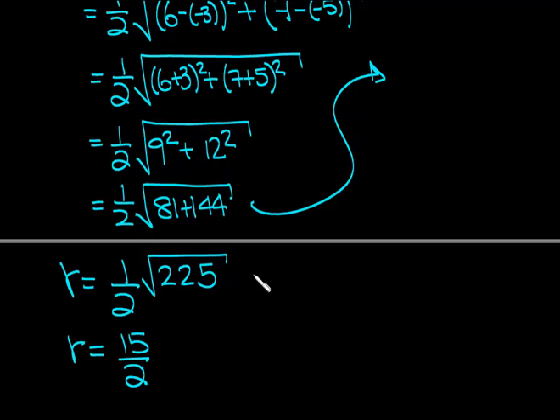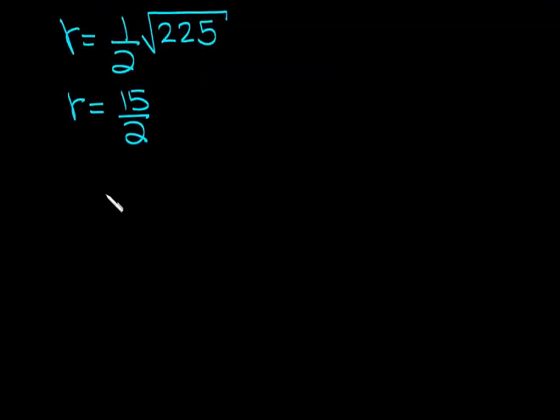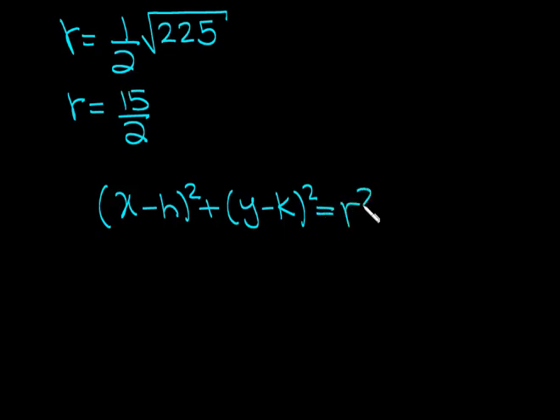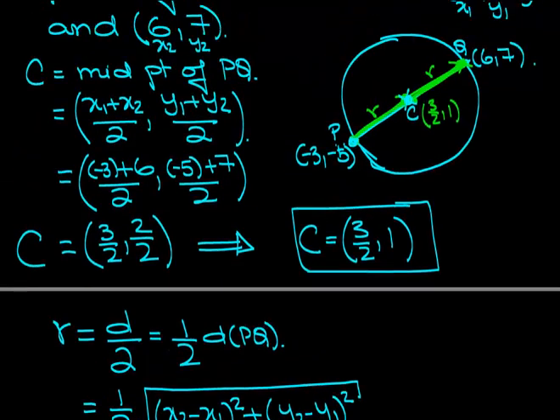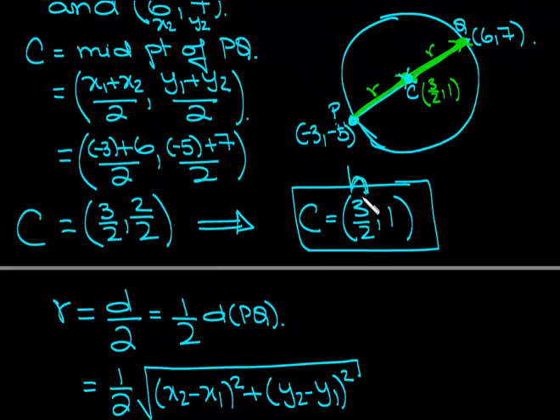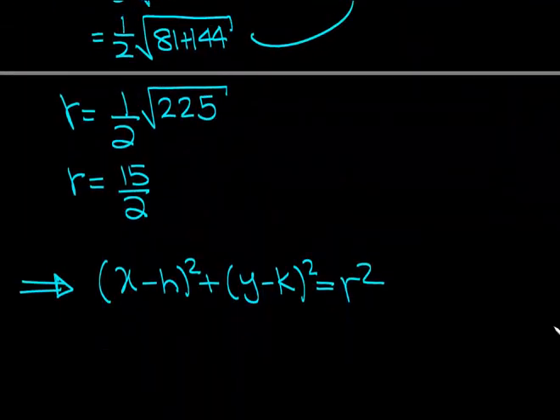Now that I know my radius, I can find the equation of a circle, which is given by this formula: x minus h squared plus y minus k squared is equal to r squared. We always use this to find the equation of a circle. This is my h and k, my h is 3/2, my k is 1, and my radius is 15 over 2.